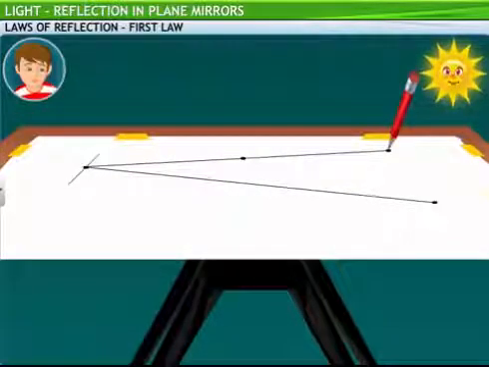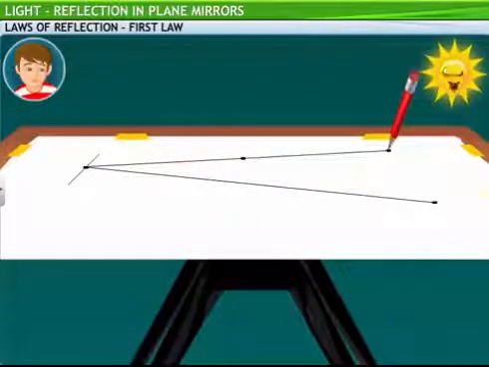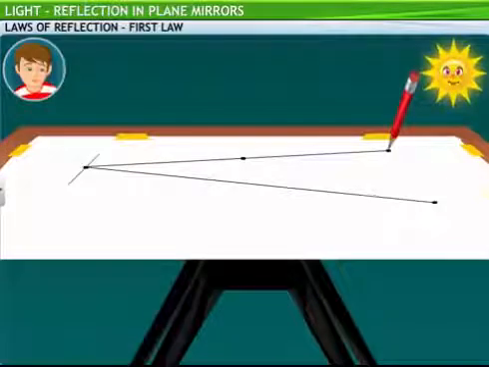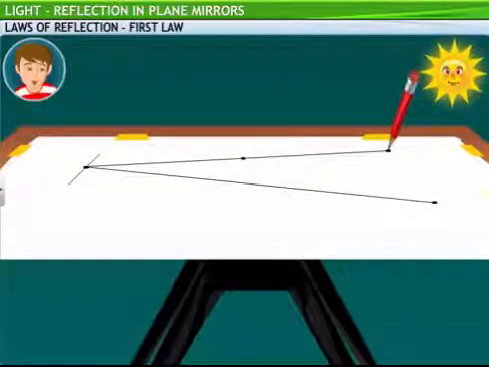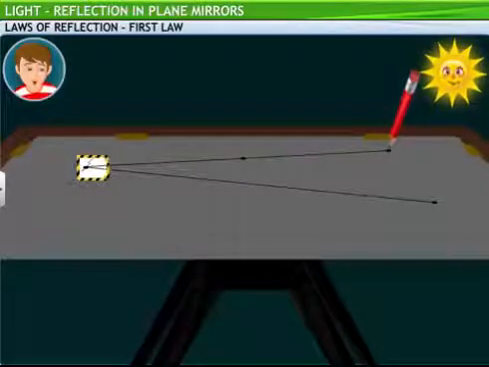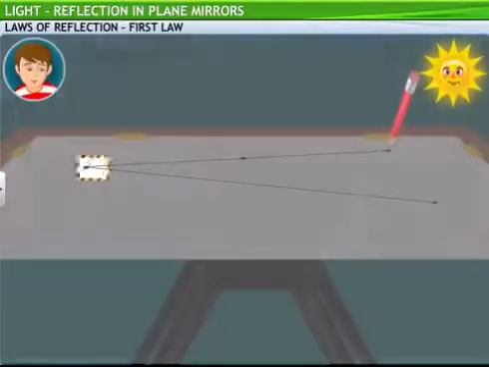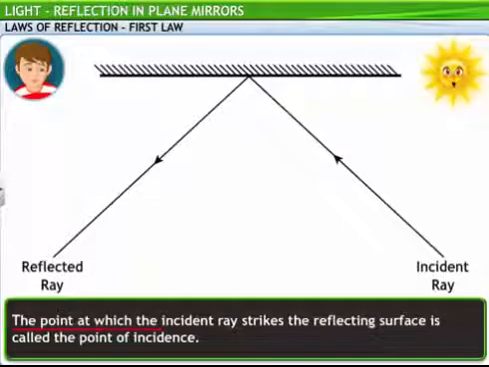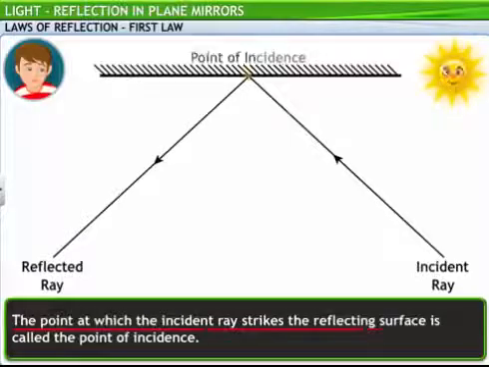Can you see where these lines intersect? Interesting. The lines drawn along the paths of the incident and the reflected light rays intersect at a point on the line we drew to indicate the plane mirror. The point at which the incident ray strikes the reflecting surface is called the point of incidence.